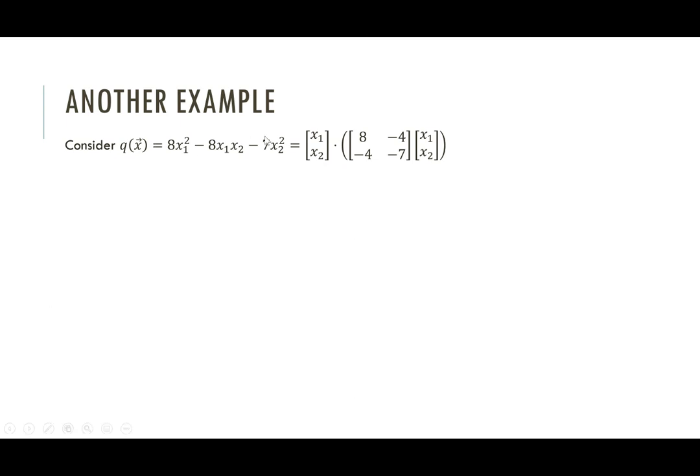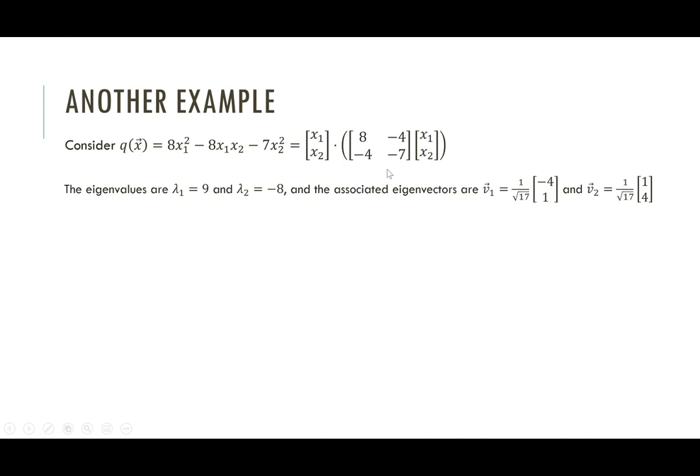So you have this quadratic form we haven't seen before. You can check that we can rewrite it with this symmetric matrix. You can also check that the eigenvalues of this matrix are 9 and -8, with associated orthonormal eigenvectors v1 and v2 that look like this.